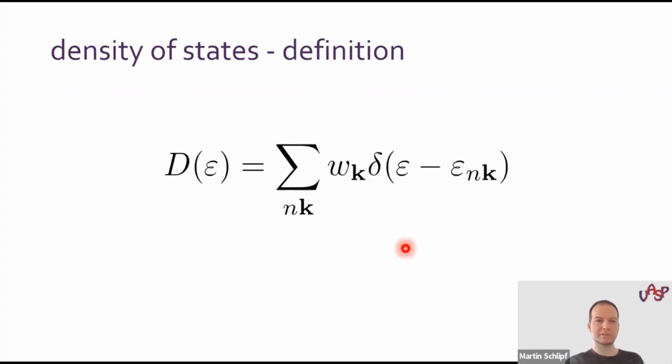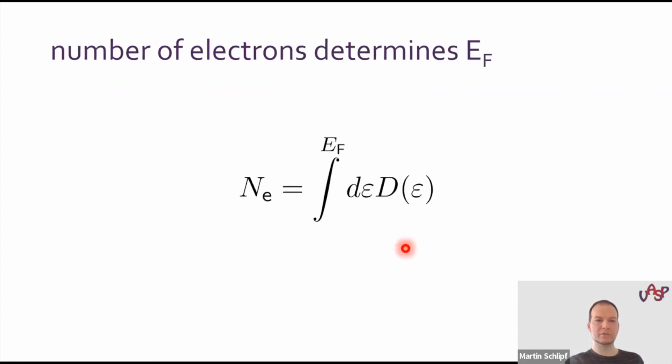Then in VASP, this density of states is used to implicitly define the Fermi energy. Formally, the number of electrons is given by the integral over the density of states up to the Fermi energy. Now you can imagine that this defines an algorithm to determine the Fermi energy.